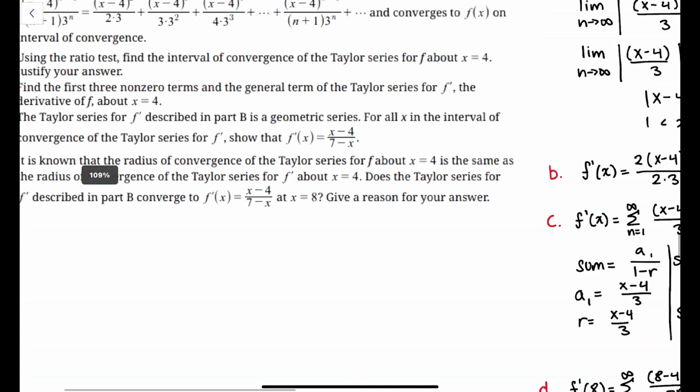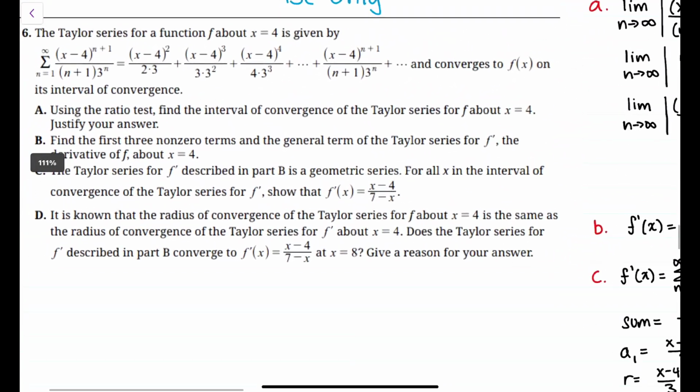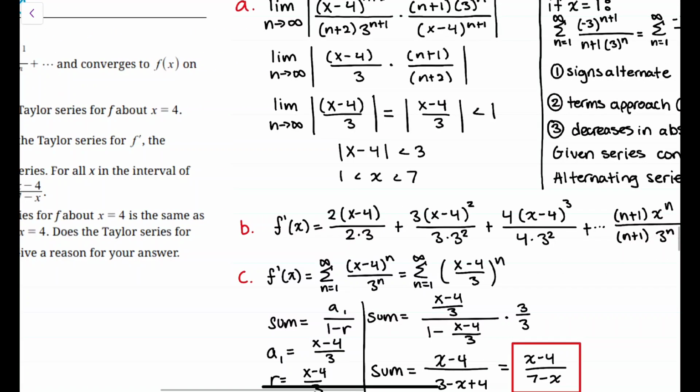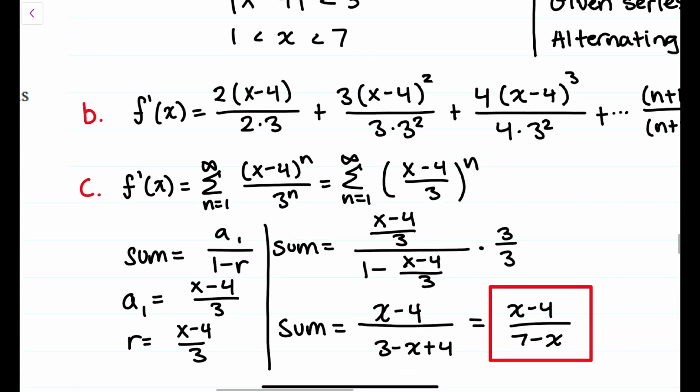Okay. So for part C, it says that f prime is a geometric series, and we have to show that f prime of x equals x minus 4 over 7 minus x. Because it's a geometric series, we can use the geometric series formula. So we combine the series into one expression, (x minus 4)/3, all raised to the n. And then the sum formula is the first term over 1 minus r.